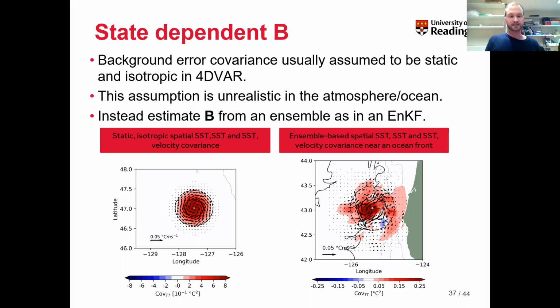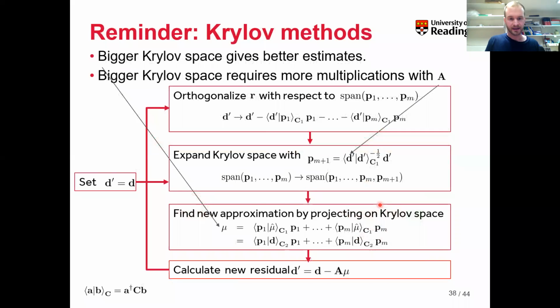Now this requires that you apply 4D-Var to each ensemble member. And just as a reminder, applying 4D-Var to each ensemble member means you have to solve a linear system for each ensemble member.